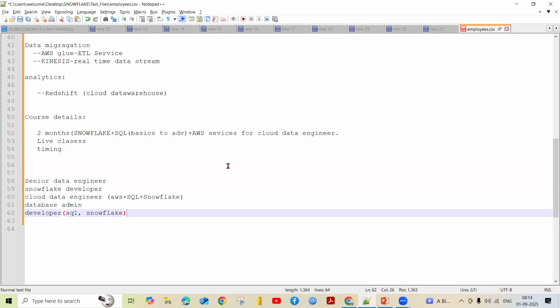If you want a night batch, currently we are not having one; we need to decide that timing and let you know. Currently we are running one batch in the morning, and that is going on.